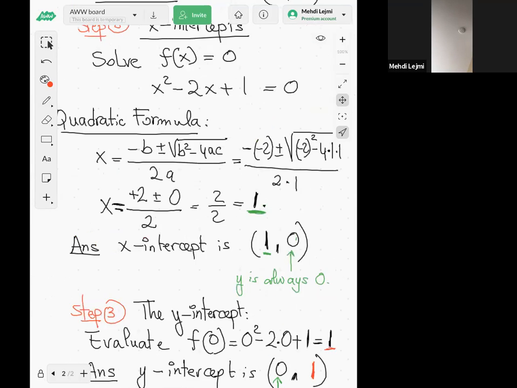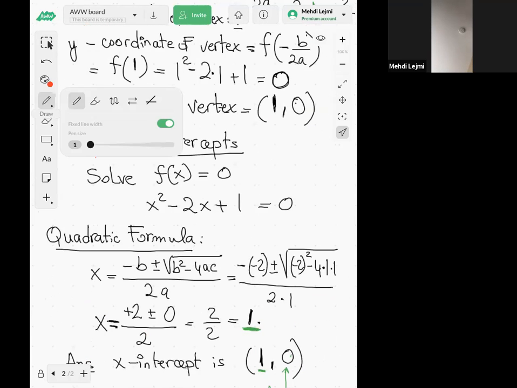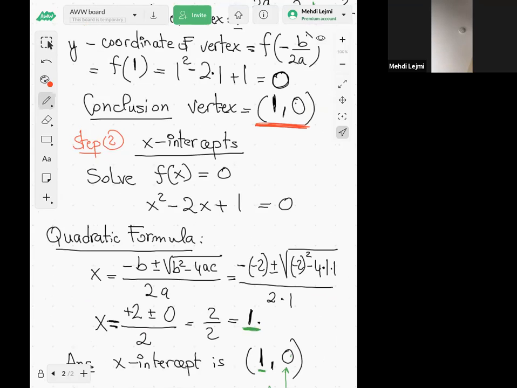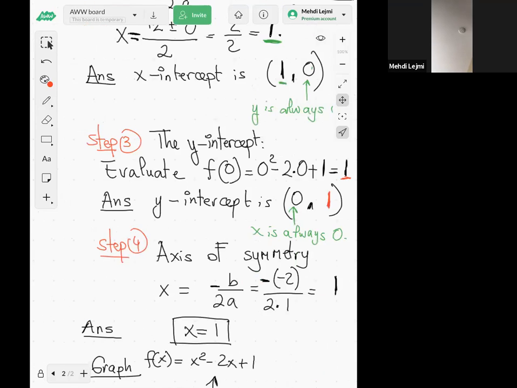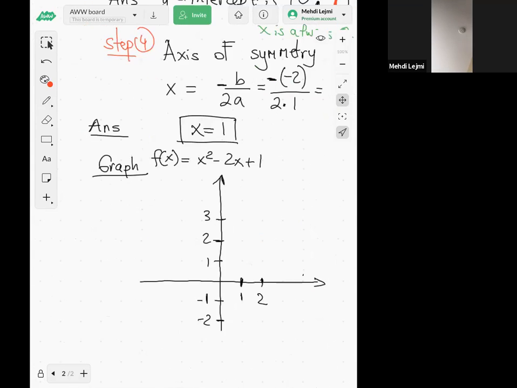We said the vertex is (1, 0), right? So let's plot (1, 0). X is 1, y is 0. So this would be the vertex. All right, that's my vertex.